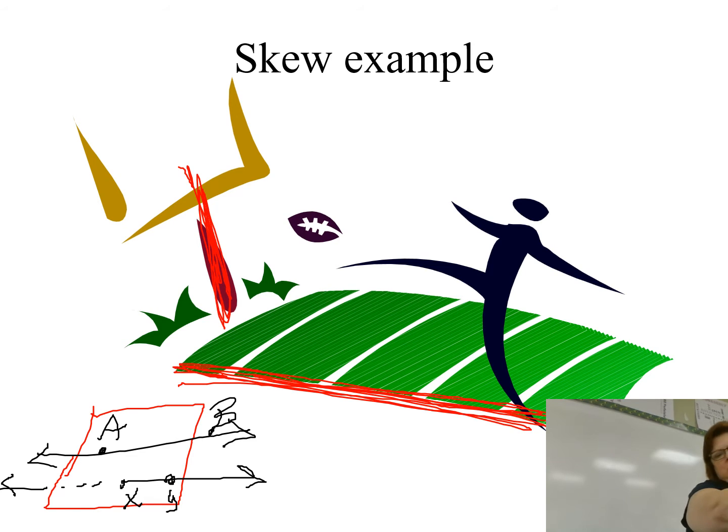All right, so line AB, line XY. Are they parallel? What do you think? No, because AB is flat on the plane and XY is passing through. So if this one's flat on the paper and this one's sticking up out of the paper, it cannot be parallel. They're not going the same direction and they're not on the same plane.